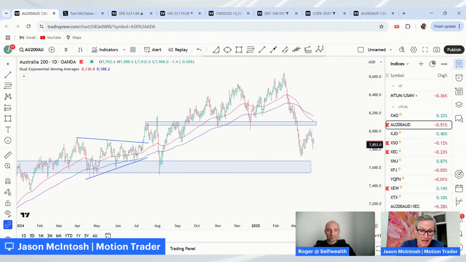We talked about this very possibility, and I think we need to be on guard for a structural shift where, instead of dips being bought along rising moving averages, we move into an environment where rallies are sold below declining moving averages.